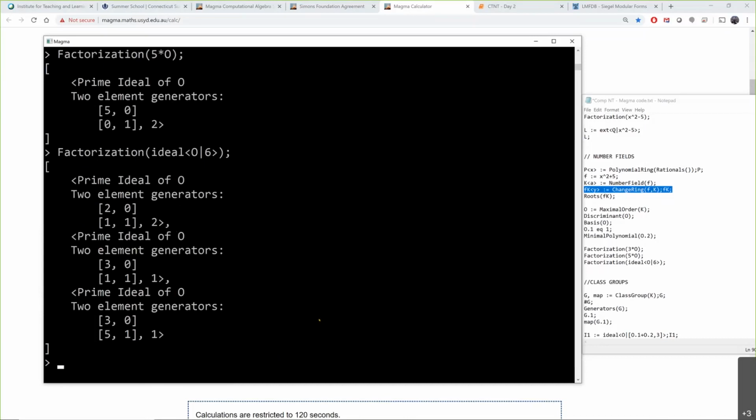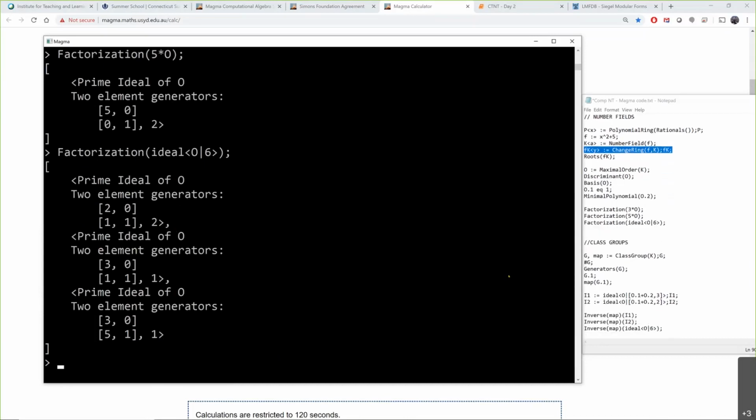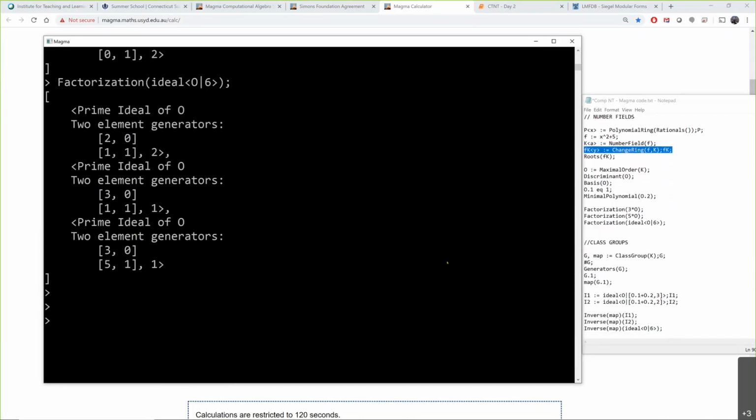Okay, all right. Let's do some class group calculations. So the class group, G and map, is going to be the class group of K. The class group is the quotient of fractional ideals of my field modulo principal ideals, which gives me a measure of how far the ring of integers is from being a PID.